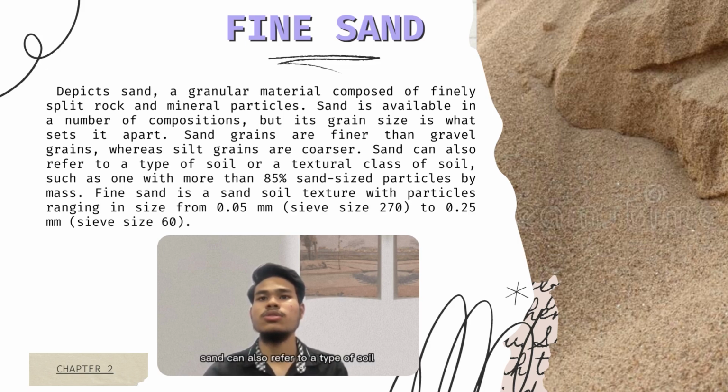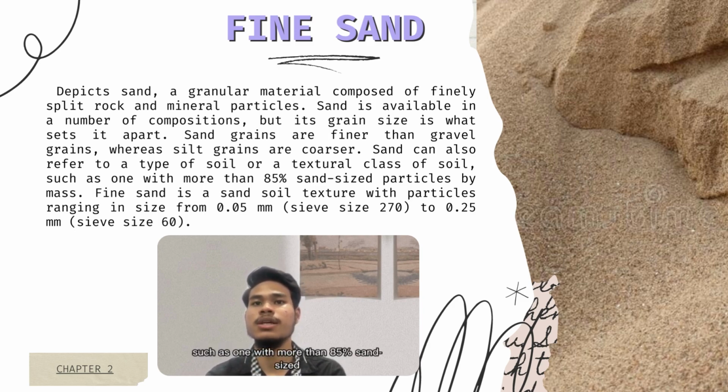Sand can also refer to a type of soil or a texture class of soil, such as one with more than 85% sand-sized particles by mass. Fine sand is a sand soil texture with particles ranging in size from 0.05 mm to 0.25 mm.